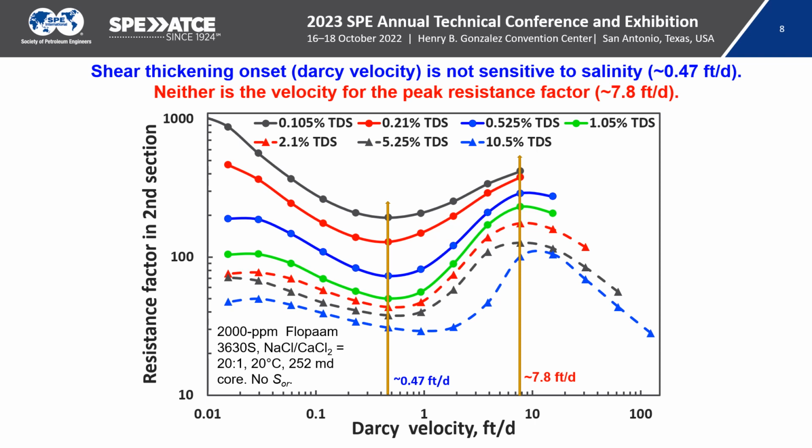So the work in the previous slide was focused on 1,000 part per million polyacrylamide. In this slide, we're performing the experiment again using 2,000 part per million polyacrylamide, and you can see we found a very similar result. Again, the minimum in the rheological curves occurred at about 0.47 feet per day over a broad range of salinity, and the maximum resistance factor in the shear thickening region commonly occurred at 7.8 feet per day over a broad range of salinity.